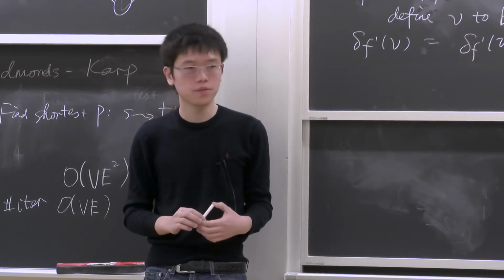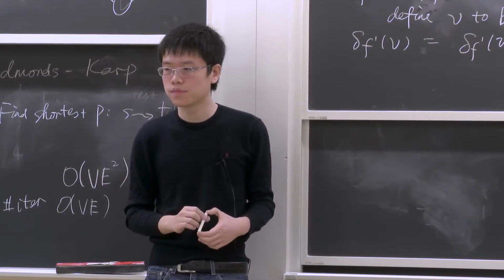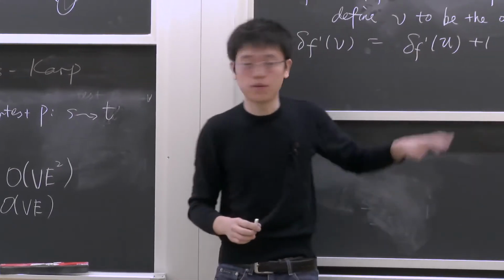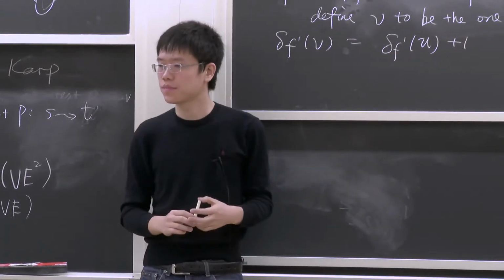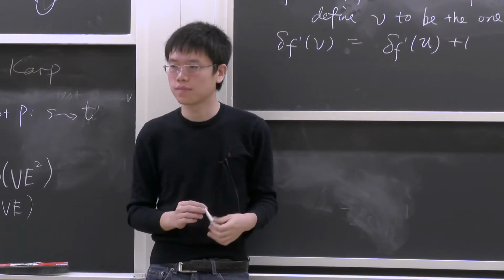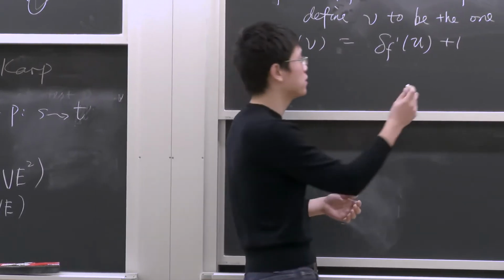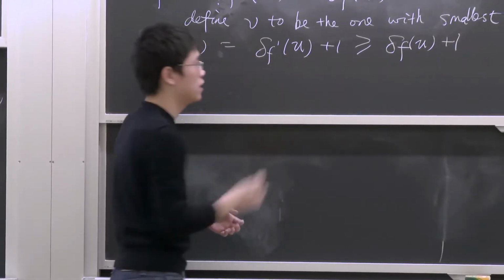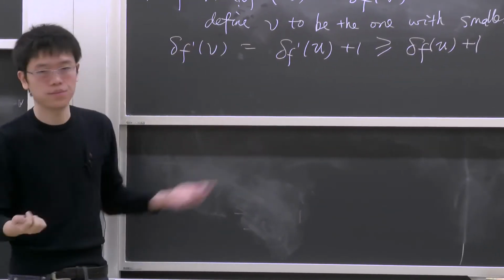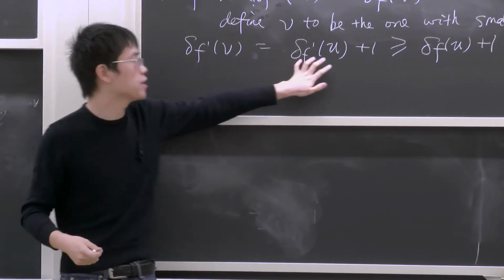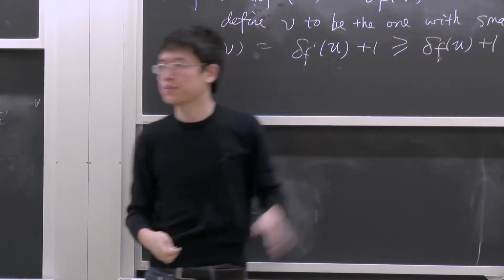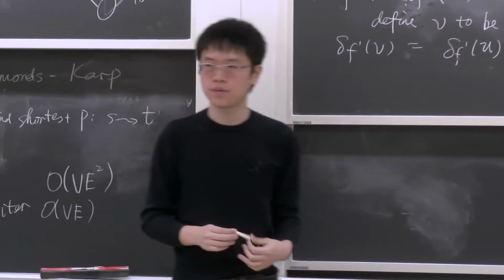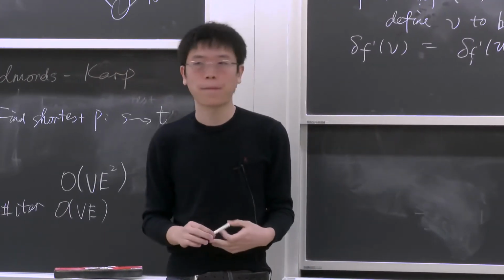This is a tricky part. Okay, I'm going to claim this one is greater than delta F U plus 1, by which I'm claiming this quantity is larger than that. Can anyone give a reason why I can claim that?